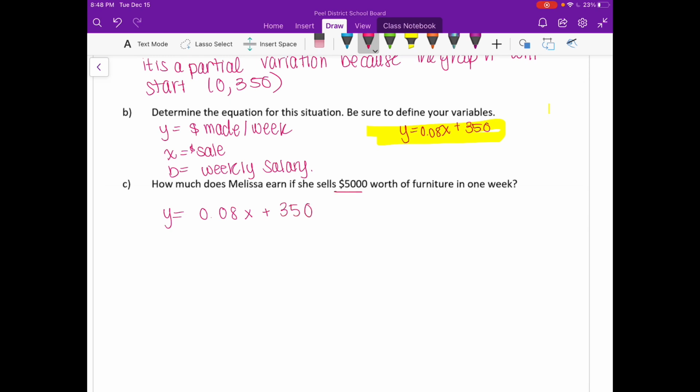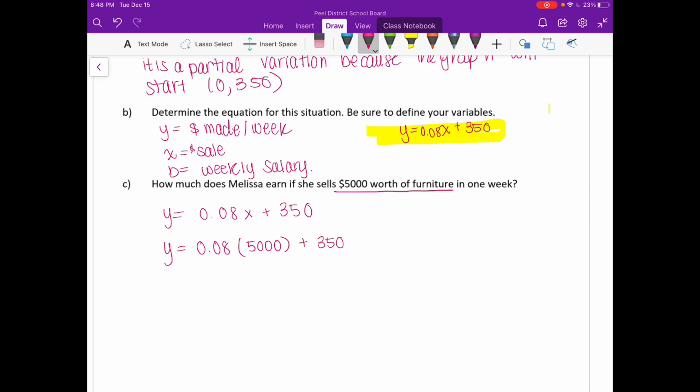If she makes $5,000 worth of furniture sales, how much will she earn? So I know Y is how much she's making, so that's going to be empty. 0.08. X represents how much money she made in sales. So I'm going to plug in the 5,000 plus 350.